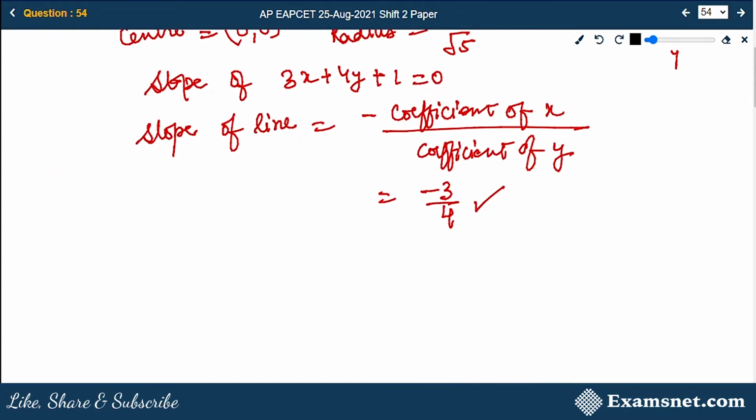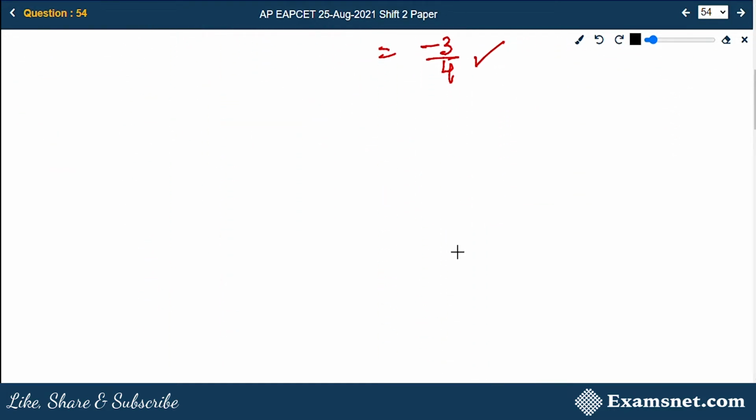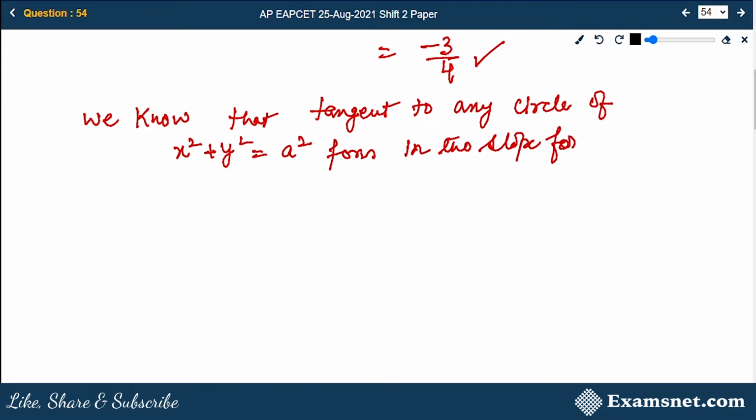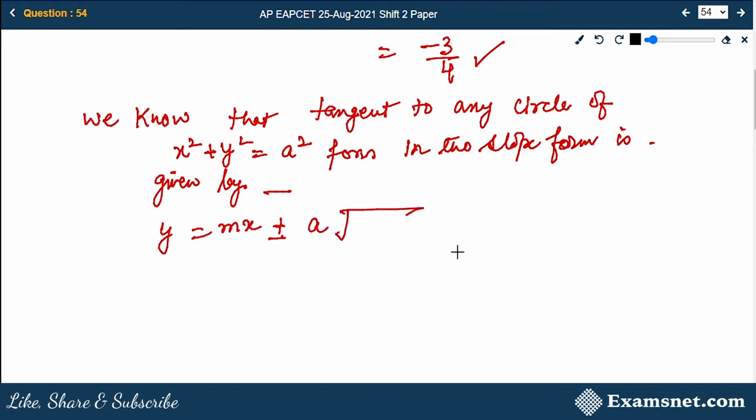So we know that tangent to any circle of this form, x square plus y square is equal to a square, in the slope form is given by y is equal to mx plus minus a under root of 1 plus m square, right?